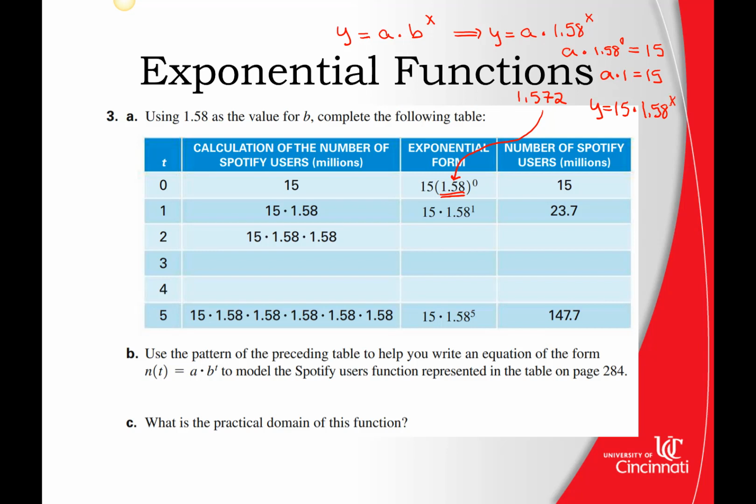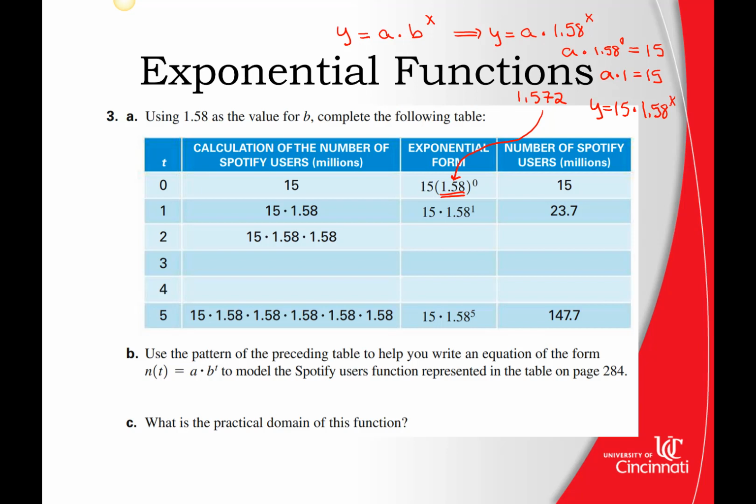And you have a model now to try and describe the number of users over some period of years. And remember, it's a model. Is it perfect? No. It's just trying to describe what's going on and do a pretty good job of describing it. Okay? To complete this table would not be horrible.